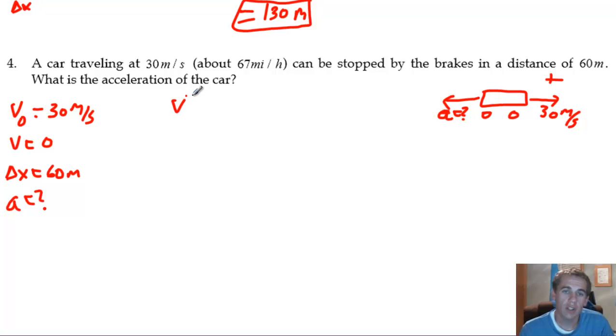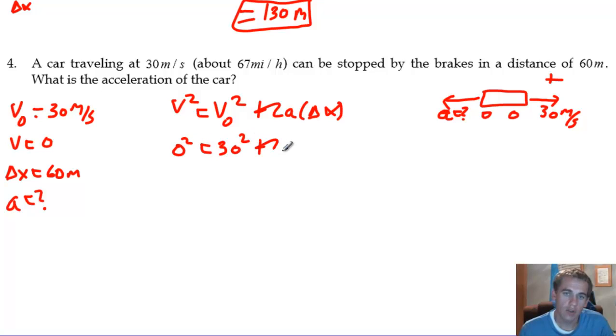Okay? Looking at all my equations, the last one says v squared equals v naught squared plus 2a delta x. And I know 3 out of the 4 of those, so I can say final velocity 0 squared equals initial velocity 30 squared plus twice the acceleration times the change in position.